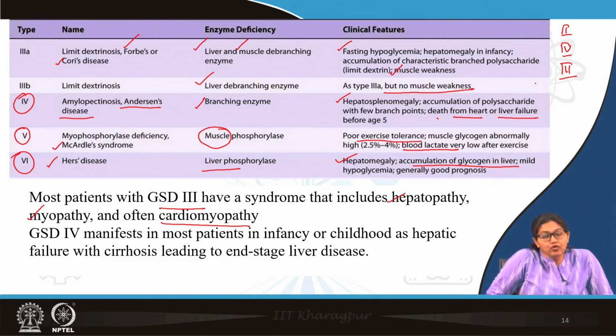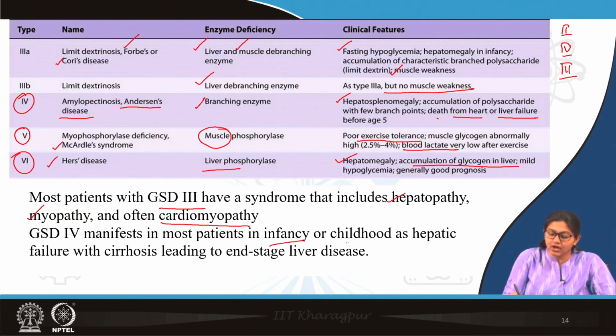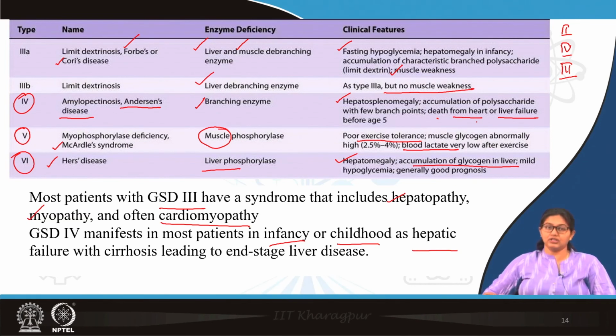Then type 4, where the branching enzyme is affected, they manifest at a very early age in infancy or childhood, leading to hepatic failure or liver failure, as we have discussed, that causes death in them. So this one is a serious one which causes early death.